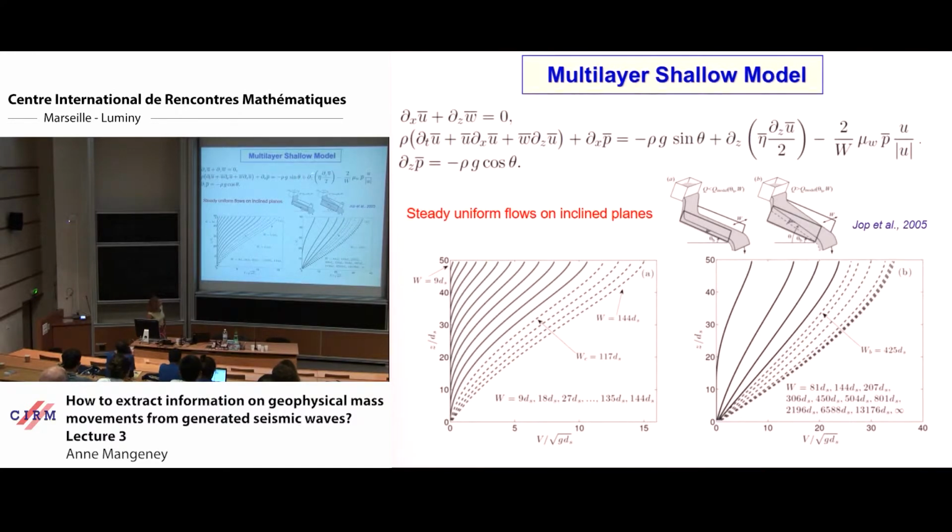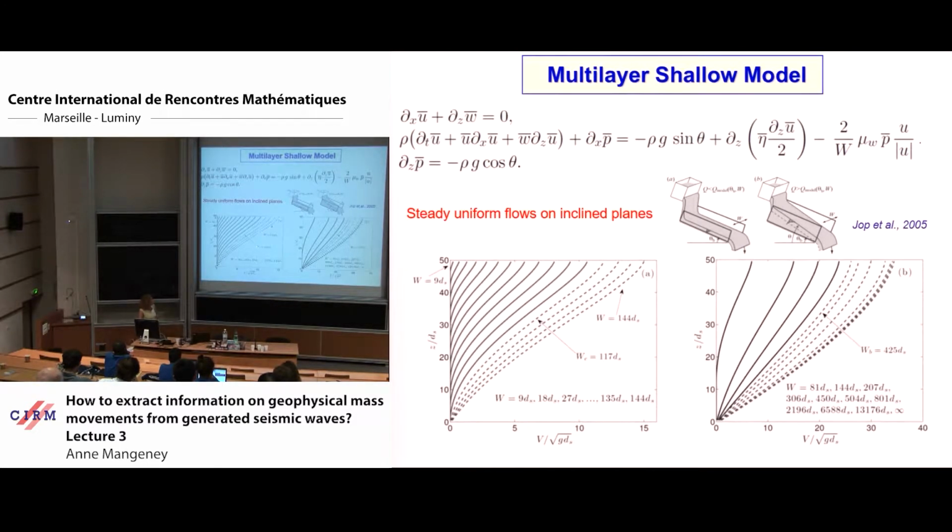And now you see you have some terms with the gradient of Z, the gradient of U in the vertical or perpendicular to the slope direction. This is the term related to friction. And what is interesting is that depending on the width between the two walls, remember the width that exerts some friction on the flow, if you change its width, you will change completely the velocity profile.